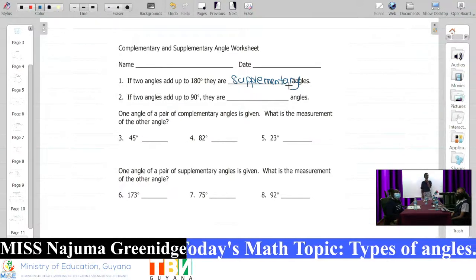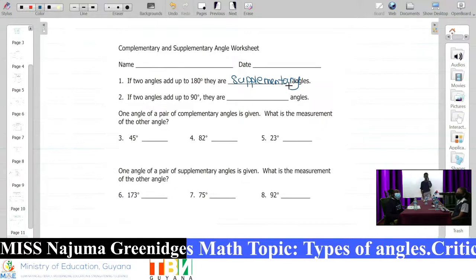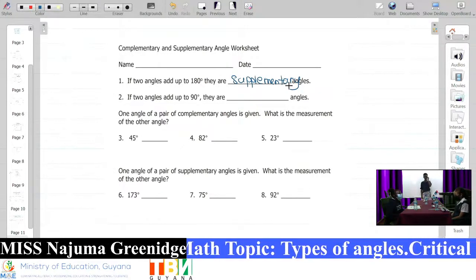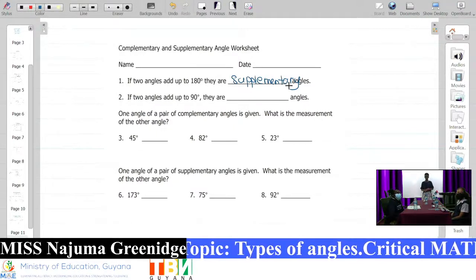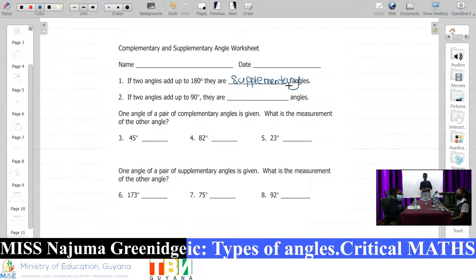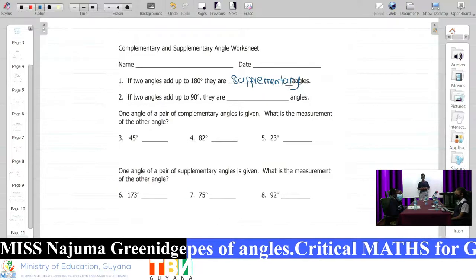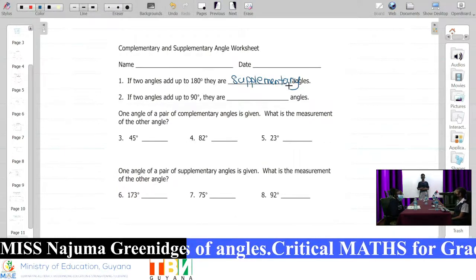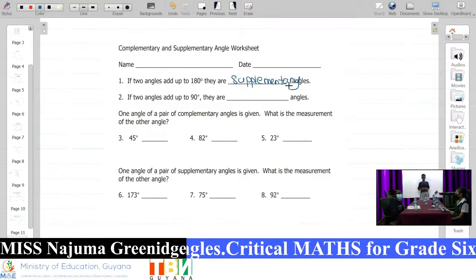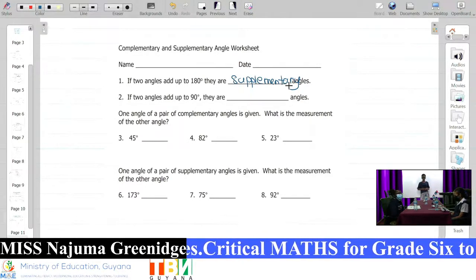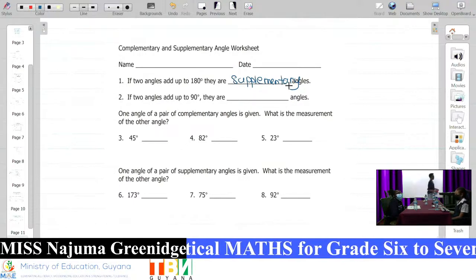So if two angles add up to 90 degrees, they are called... Who was paying attention? It begins with C. Come on, say it. You're thinking it. Complementary. Yes, complementary.